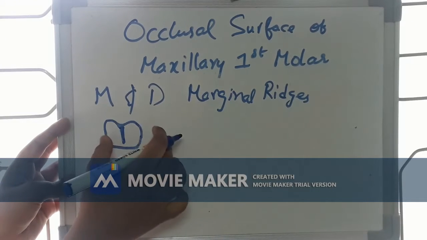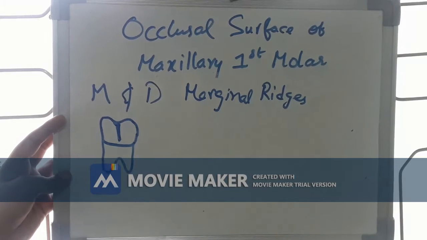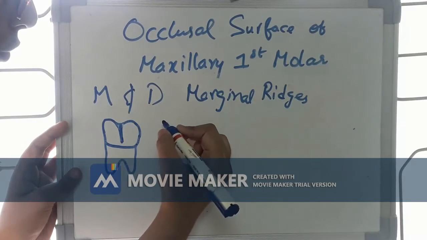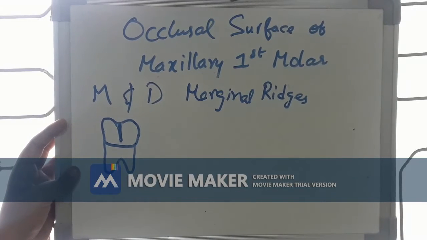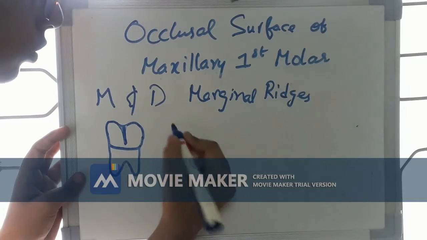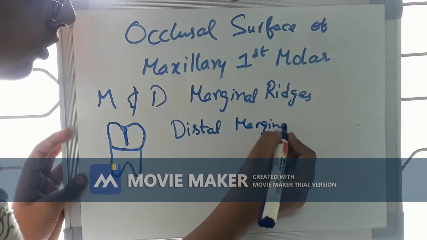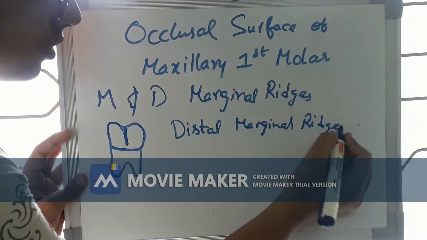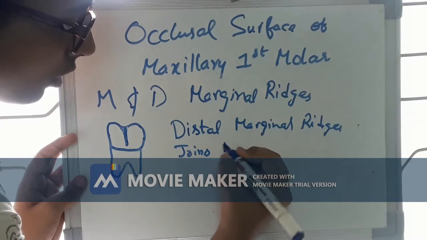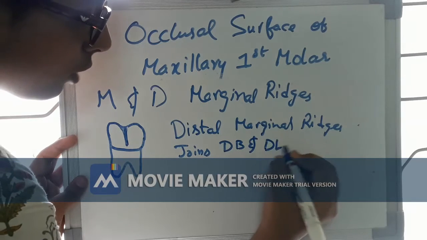This mesial marginal ridge joins the mesio-buccal and mesio-lingual cusps. Likewise, the distal marginal ridge joins the distobuccal and distolingual cusps.